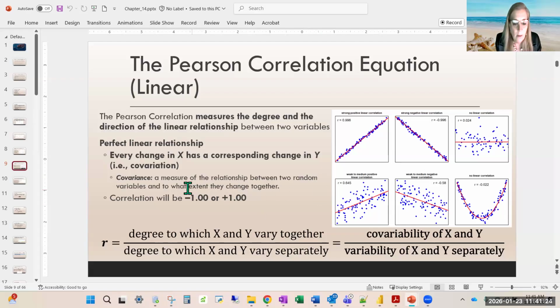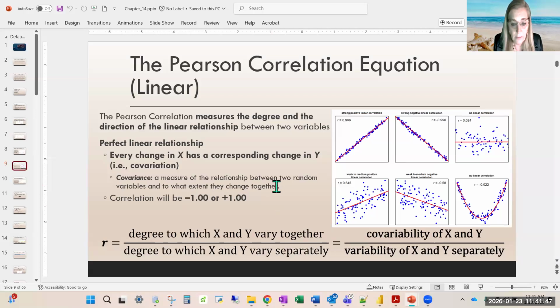And this would be known as covariation. Covariation is a measure of the relationship between two random variables and to what extent they change together. So a perfect linear relationship is a plus or minus 1.